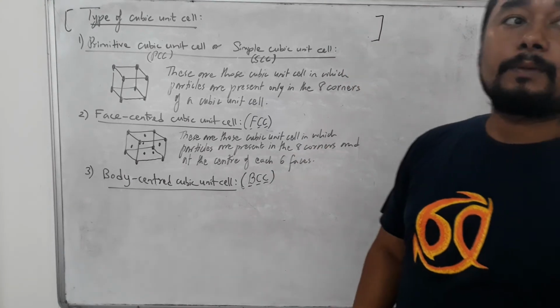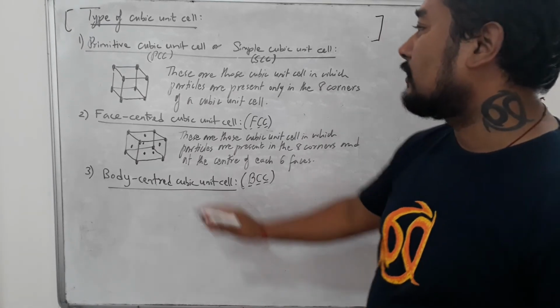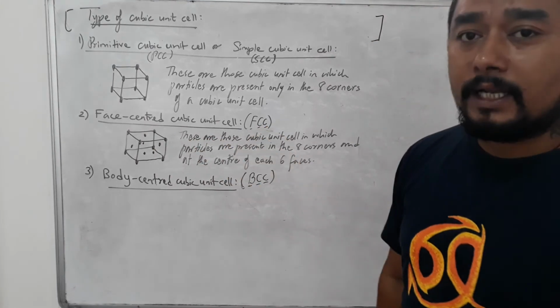So if the particles are present in the 8 corners as well as at the center of each 6 faces, then that is called face center cubic unit cell, abbreviated as FCC.